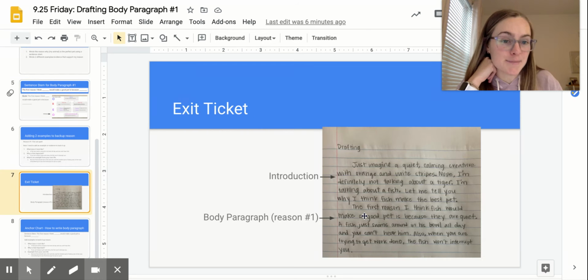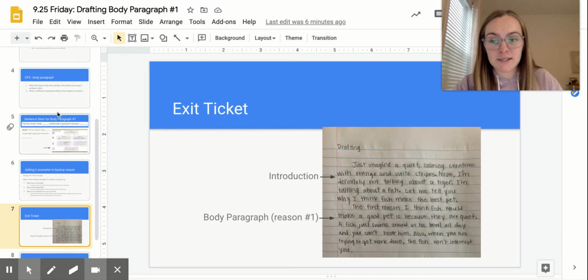I did use my sentence stem. The first reason I think fish would make a good pet is because they are quiet. That was step 1 of my criteria for success.